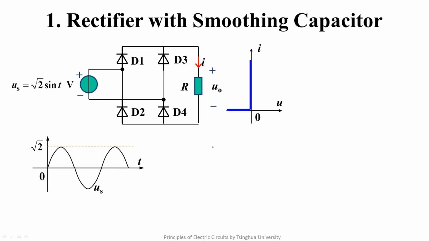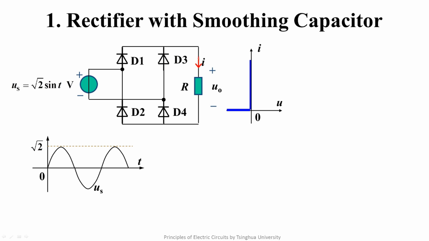Firstly, let's review the bridge rectifier in lecture 42. Suppose the diodes are all ideal, which means each is a short circuit in half a cycle and open in the other half. Suppose the input is a sinusoidal wave. According to the discussion in lecture 42, at any time only D1 and D4, or D2 and D3, can conduct.